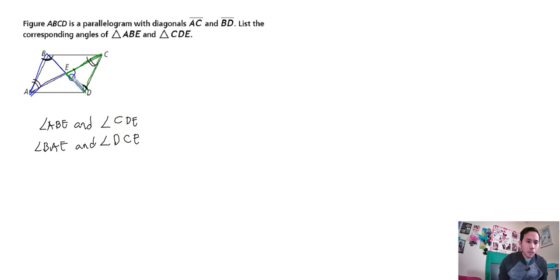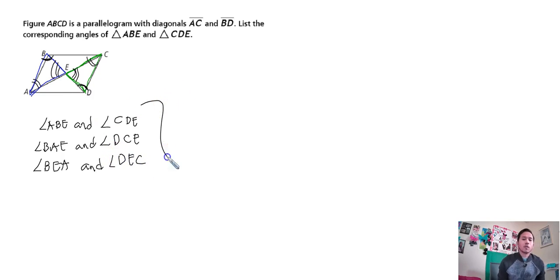What else? This one. This angle here and this angle here. So we have angle BEA corresponds to angle DEC. So these are the corresponding angles on this figure.